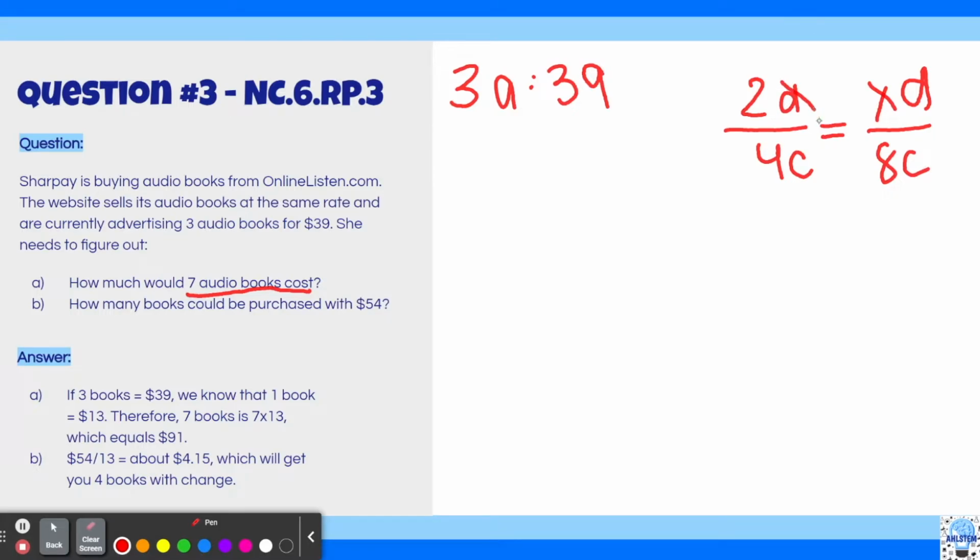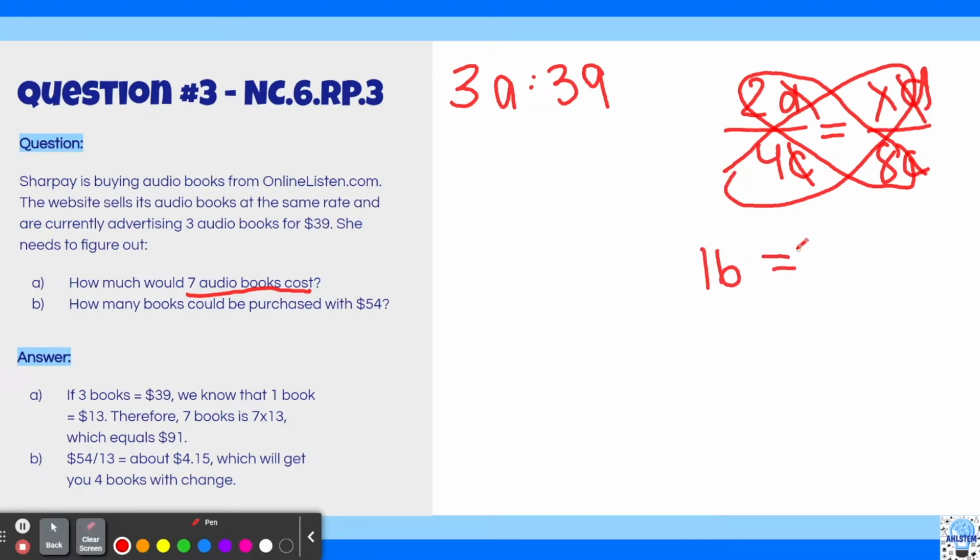What we can do is first take away our units. And we do this thing called cross multiplying, also called the butterfly method. We cross multiply 8 and 2, because that's across from each other. So that gets us 16. And then we multiply 4 and x, which gets us 4x.